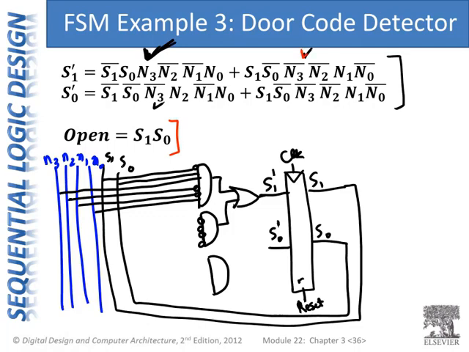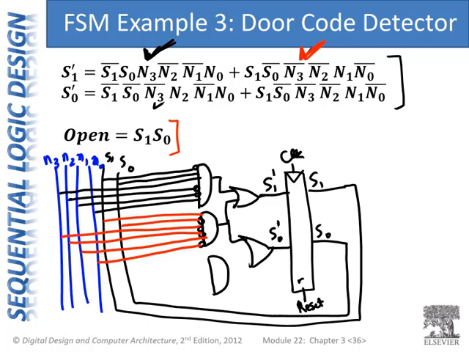Now we're going to get the next term, and we get S1 and S0 bar and N3 bar and N2 bar and N1 and N0 bar. Now we're going to OR that term with the last term.